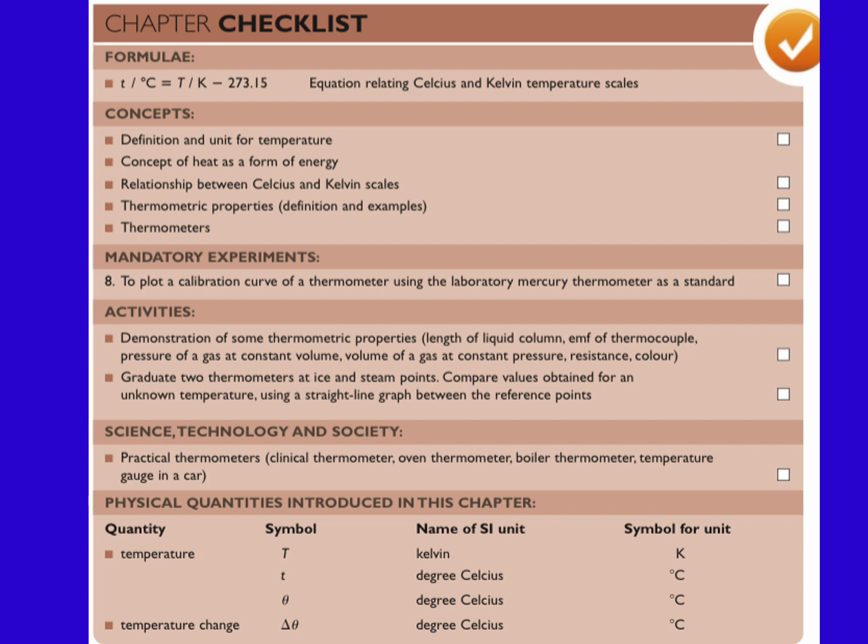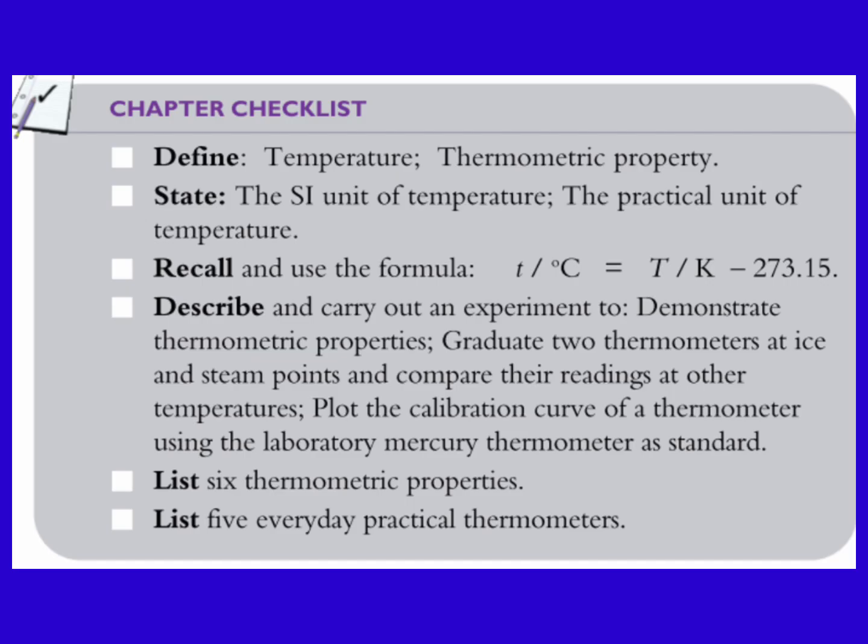So down the bottom there, the chapter is the symbols for the quantities we introduced, the standard units and the symbols for those units as well. So there is the chapter checklist again.